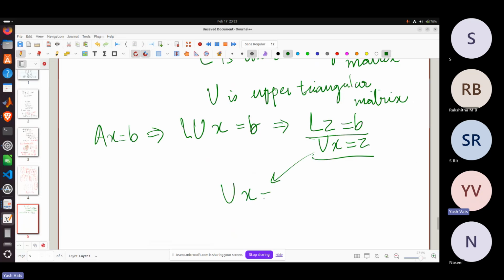So you solve Lz equals b and Ux equals z.